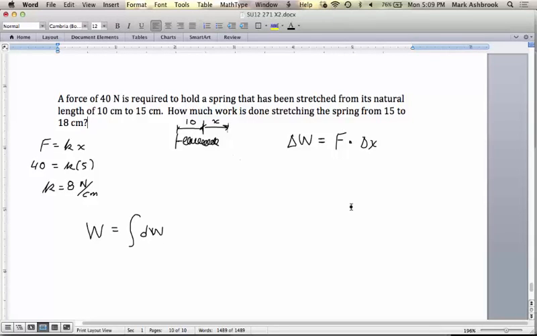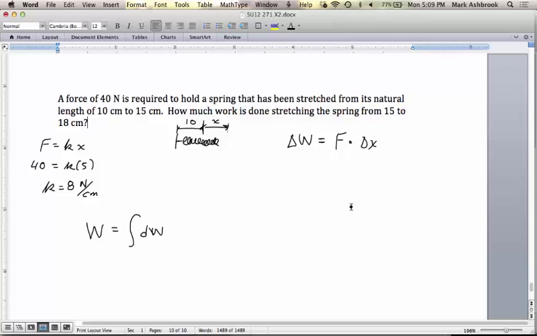We can only get that if we do a little bit of change of distance, because as soon as we change the distance a lot, the force has changed. But if we have a small change in distance, the force is virtually the same at that place. If you have a big change in distance, that force is no longer constant. So this allows us to calculate a small bit of work. If we keep that change small enough, we can assume that the force is constant through that little change of distance.